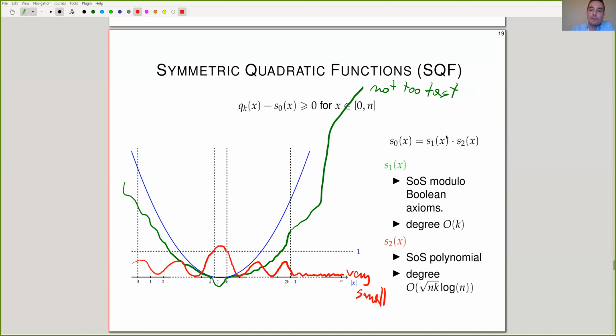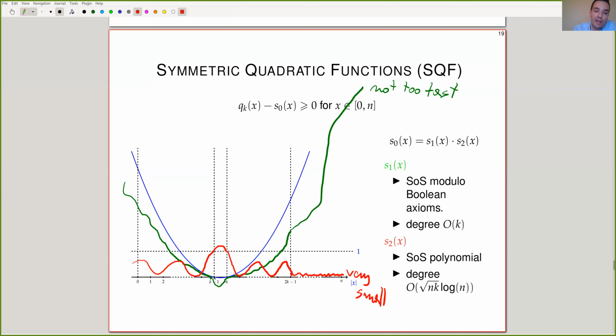And now why do I claim it's enough? Let's give a look. In the interval from 0 to k minus 1, the green polynomial, S1(x), is smaller or equal than qk. And the red one, S2(x), is smaller or equal than 1. So when I multiply the green one and the red one, I'm definitely below qk, below the blue one.